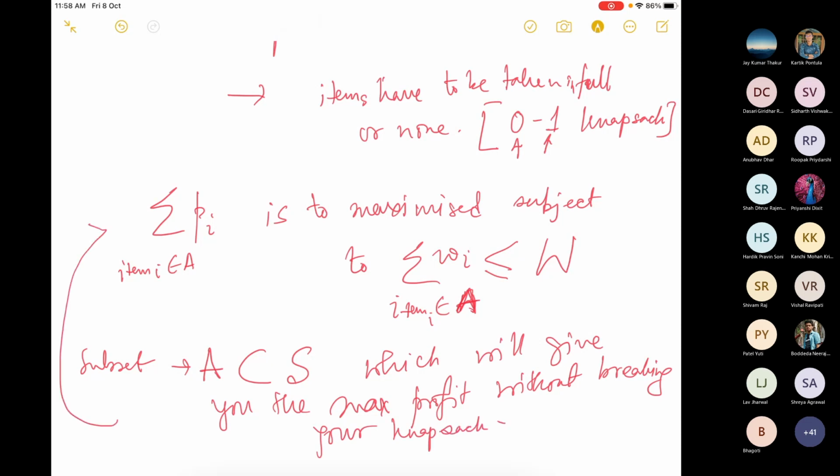So this is exactly what is expressed by this particular problem.